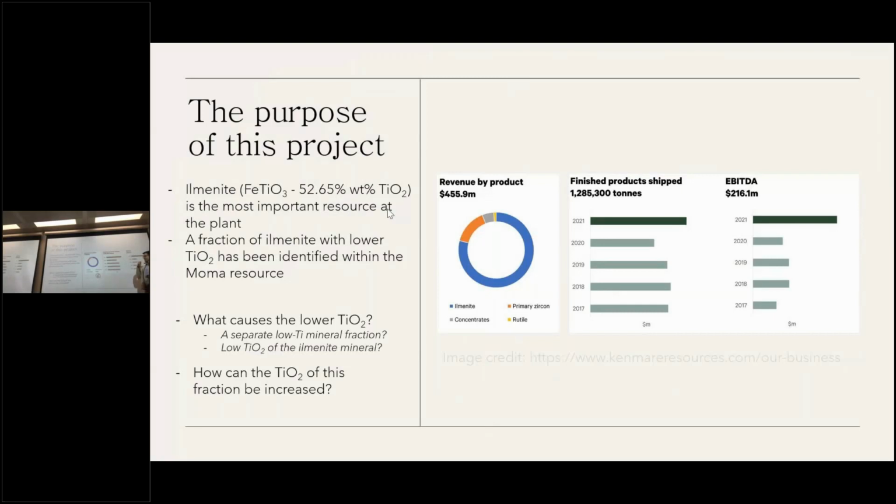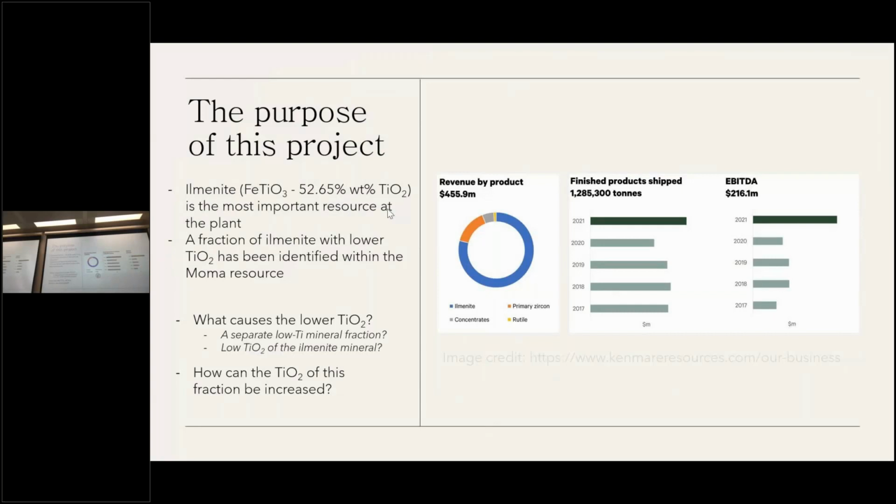Basically, my task was to figure out what caused the lower titanium in this fraction, which could be caused by basically two things. It's either that there is a separate low titanium mineral or minerals being transported into the ilmenite concentrate and driving down the titanium concentrations, or that the grains of ilmenite themselves, in the mineral structures, have less titanium metal.